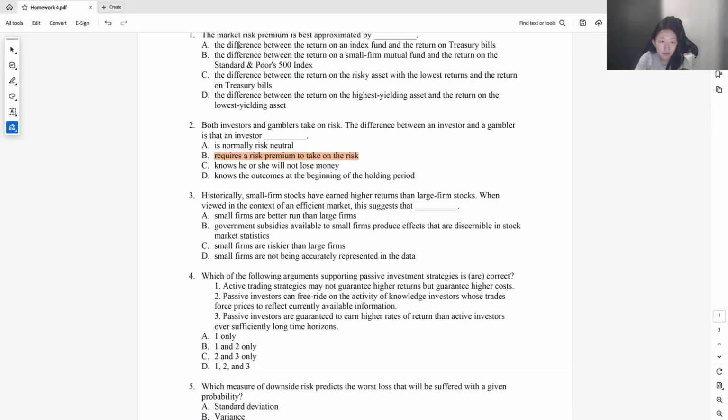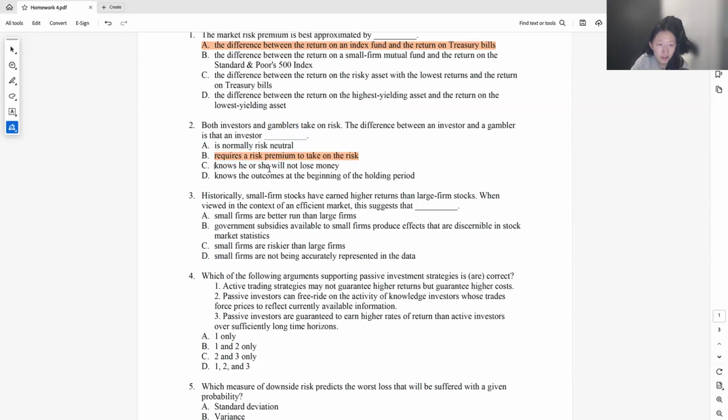So I'm going to choose A for first and B for second, and I'll explain why. Risk averse is a characteristic of investors. Risk loving is a characteristic of gamblers.